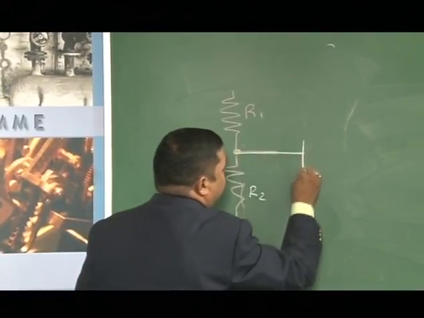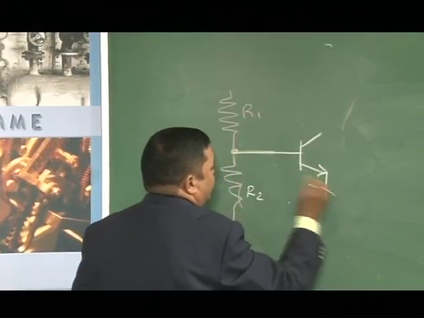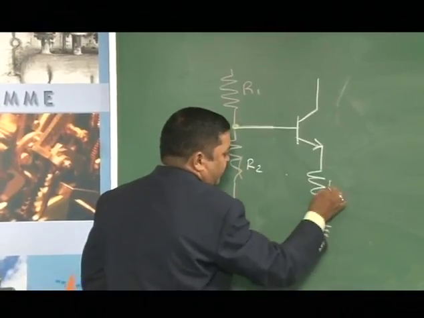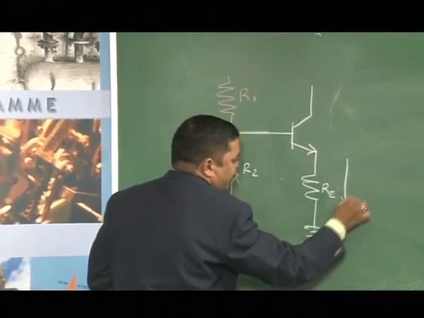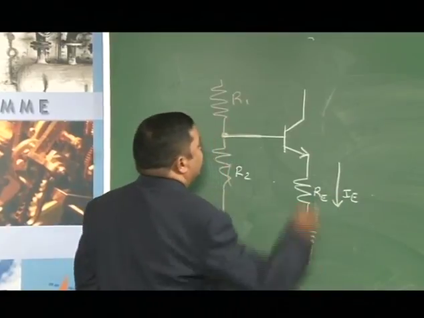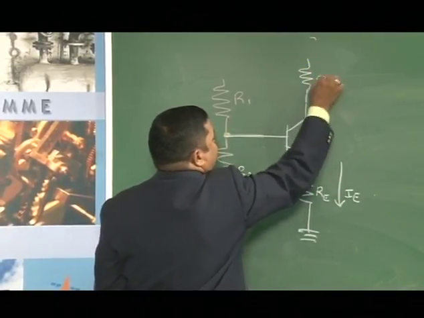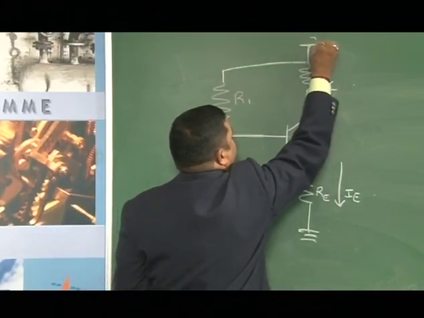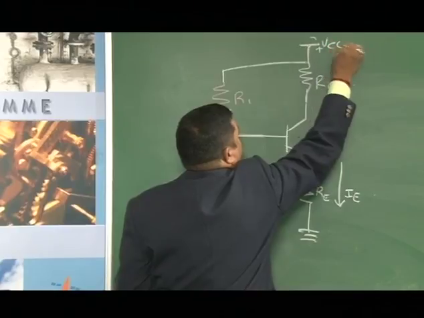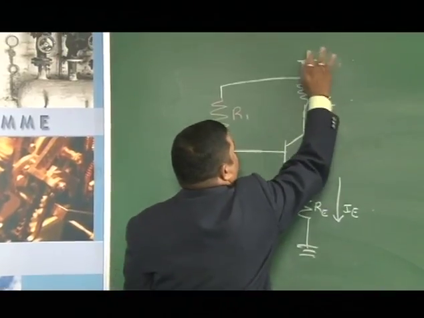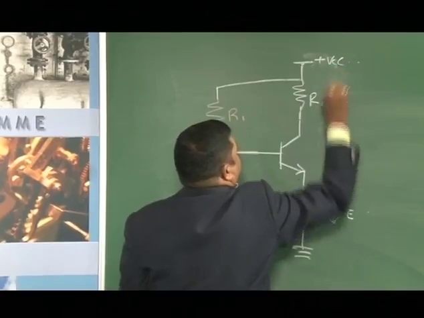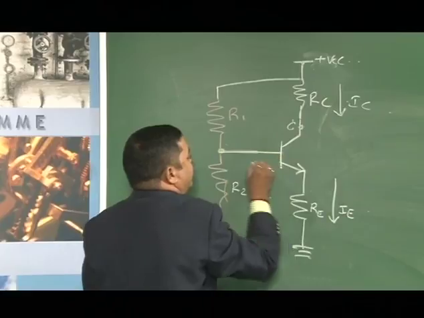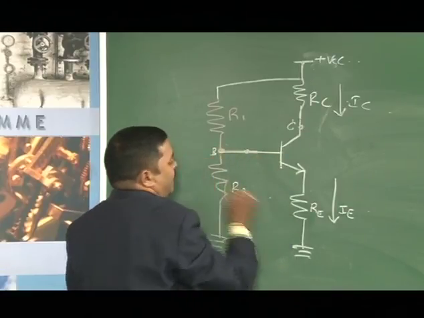This is given to the base of the transistor, and there will be an emitter resistor RE through which the current IE is flowing. Then there is a collector resistor RC. R1 is connected to VCC in this way. This is plus VCC. IC is flowing in this direction, and this is the collector point, this is the base point B, this is emitter E.